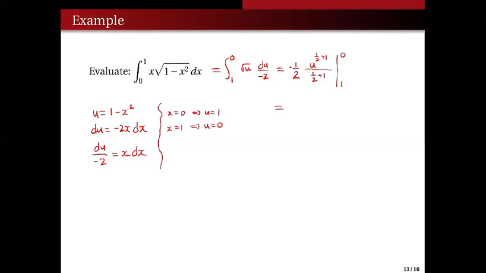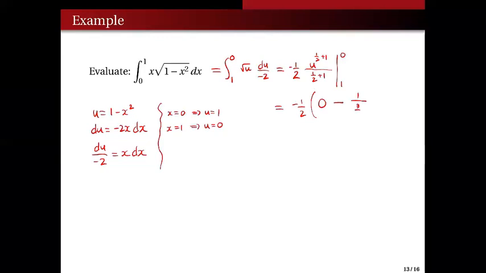So in here, what do we get? We have negative 1 half at u equals 0. Okay, at u equals 0, this is just 0. So we have 0. Minus, at u equals 1, we have here 1 over 1 half plus 1, that's 3 halves.